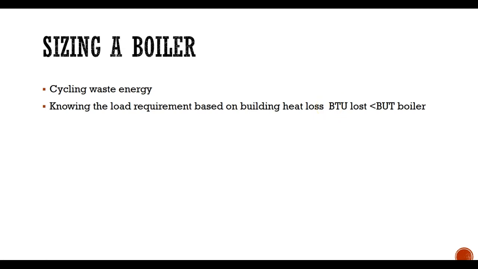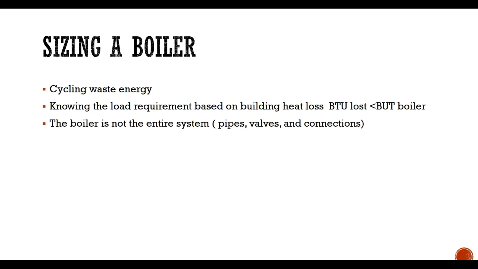The boiler should keep generating heat, but the BTU that you lose every hour should be less than what the boiler can supply, because the supply of the boiler has to bring up the building from very low temperature and then maintain that temperature. So it's intuitive that you have to have a boiler that can supply more heat than the building is losing per hour. The boiler is not the entire system. That's something you have to think about. There are pipes, valves, connections, and so on, and it's very important to keep that in mind.